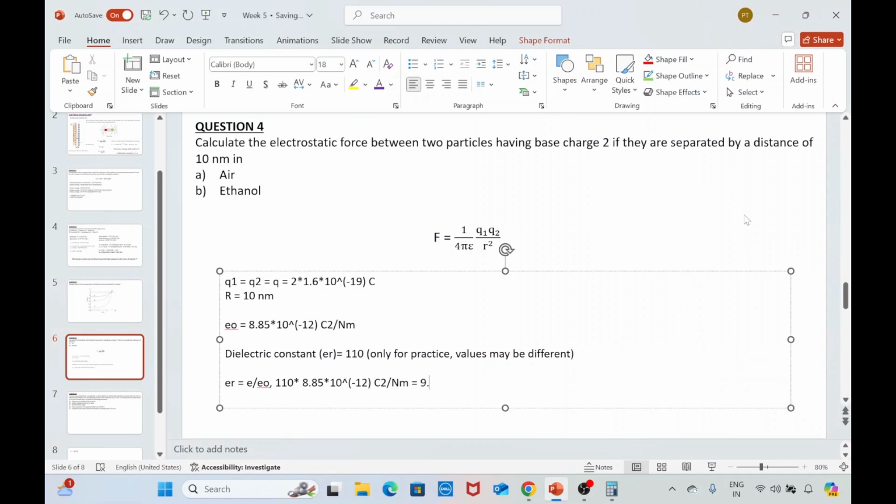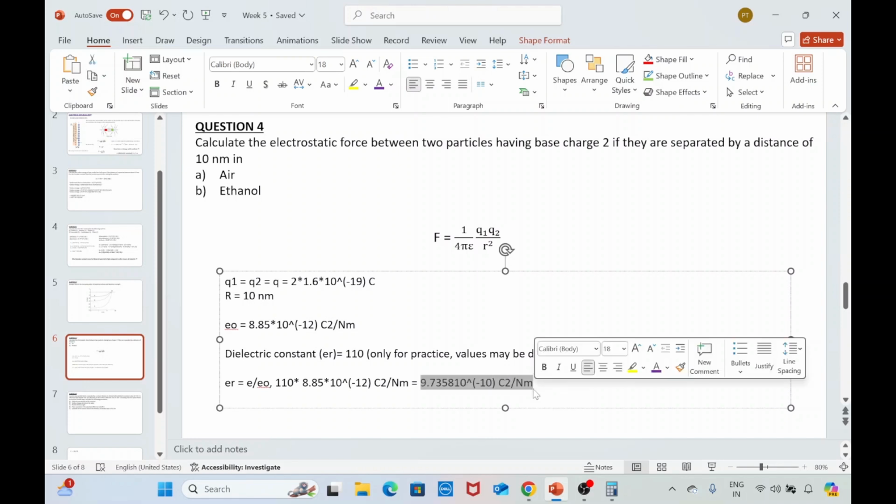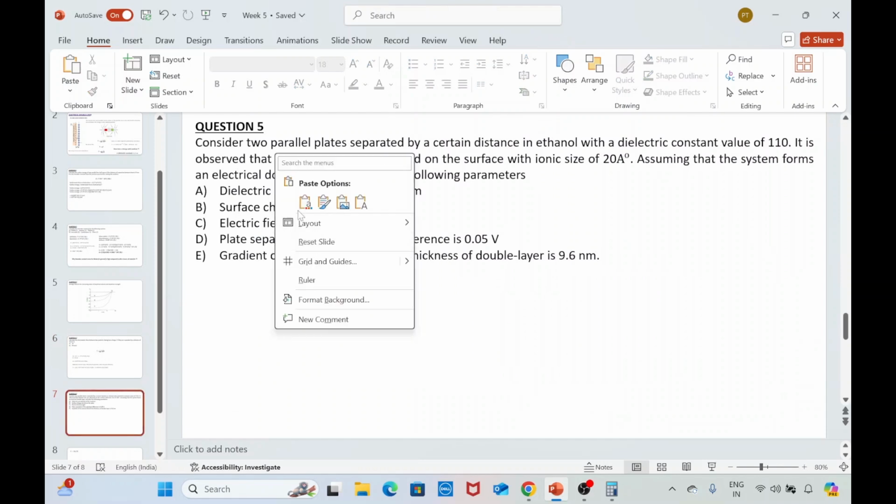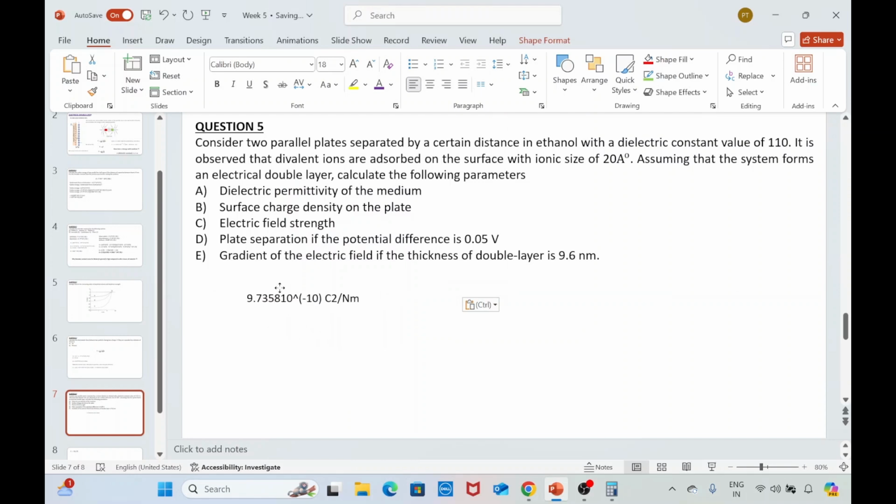Or I'm going to take it as 9.735 times 10 to the power minus 10. Same units, Coulomb square per Newton meter. So this is the value of epsilon.